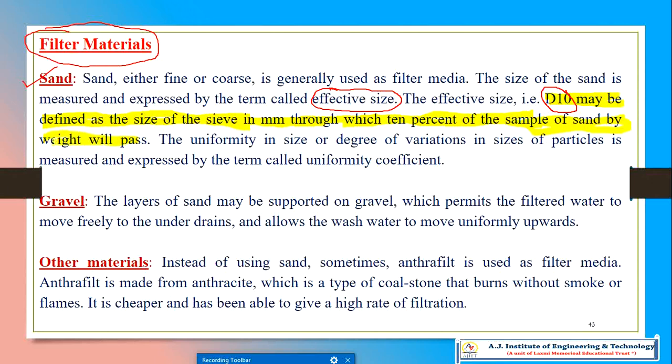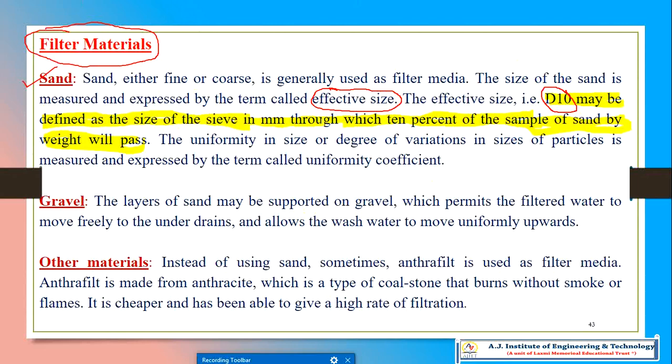That is called D10. If 60% of the sample passes, then it will be D60.